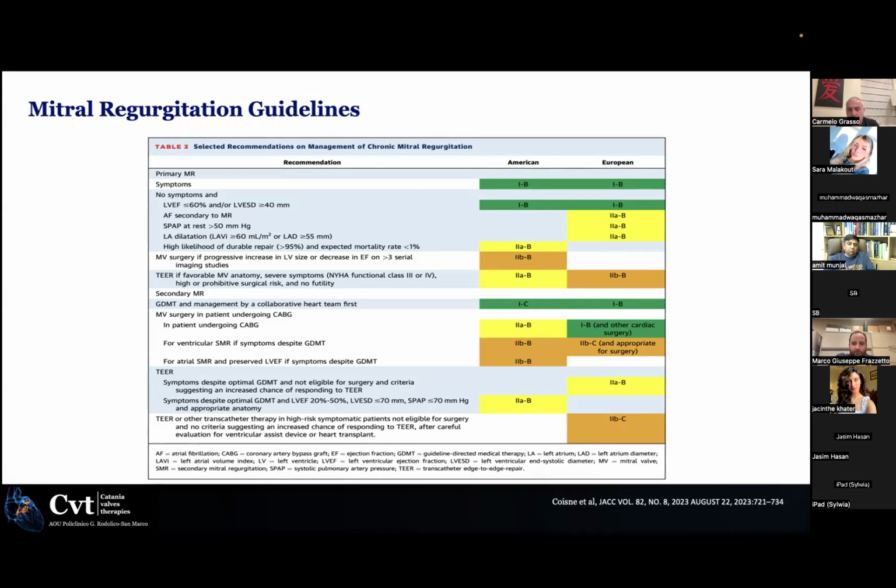TEER has a level of recommendation 2A in both American and European guidelines for patients with symptoms despite optimal medical therapy who are not eligible for surgery, and the criterion is just that you have success with TEER, transcatheter repair. In the American guidelines it is a little different, but I would say it is still the same. We have to be sure that you have the right anatomy and that your repair will be successful.